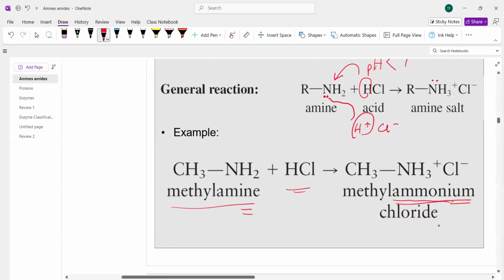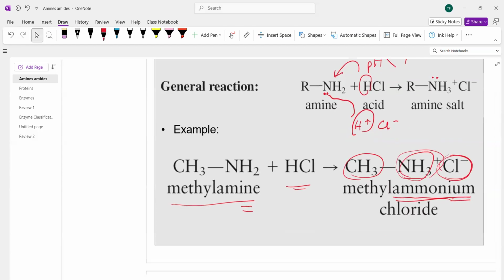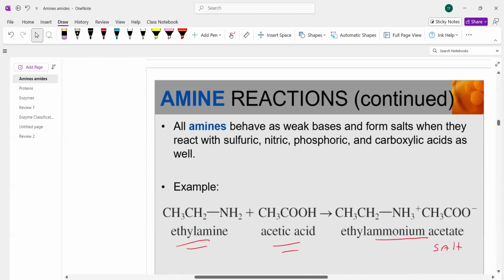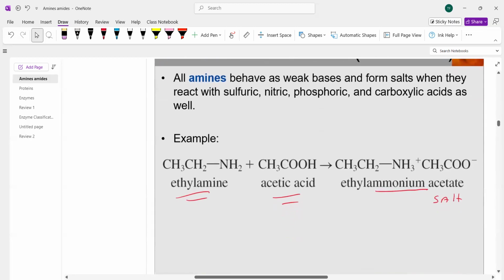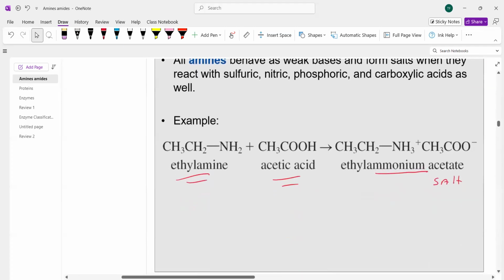So this would be methylammonium chloride.